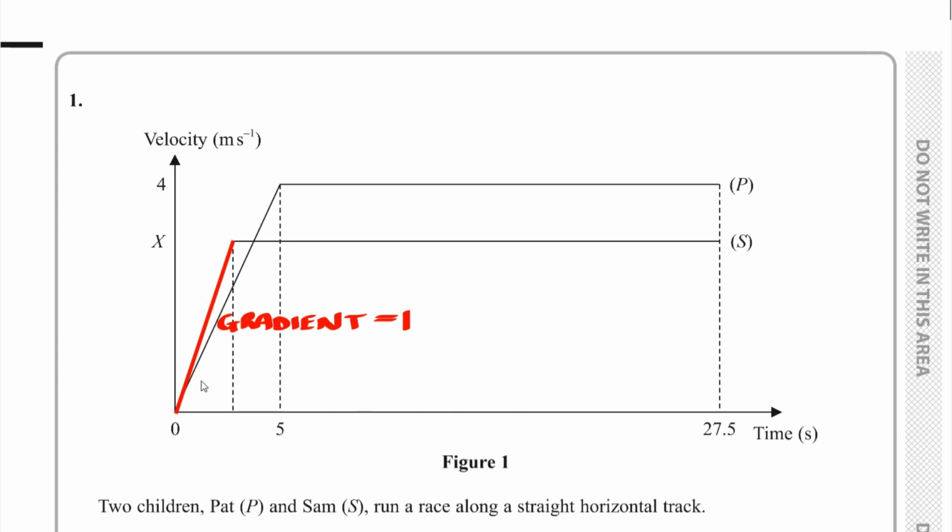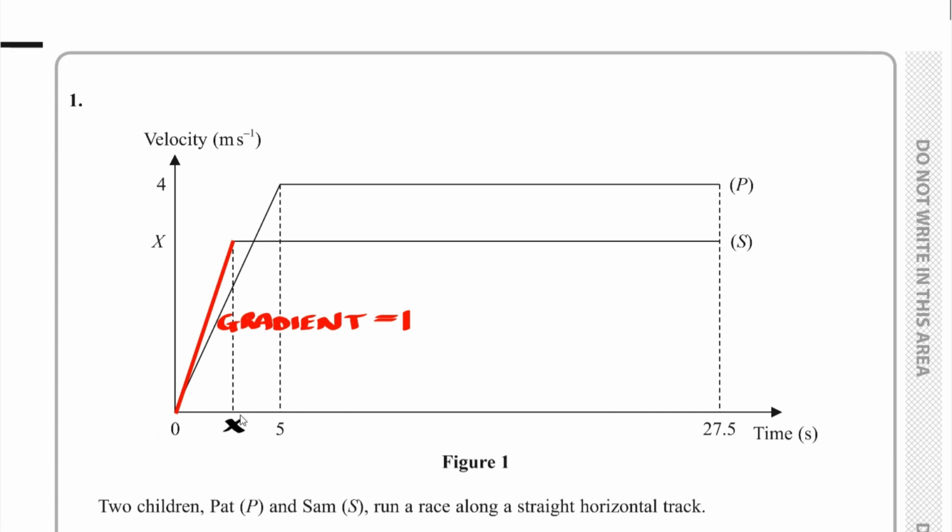So, if the gradient of this line is 1, you can think of the gradient to be change in y over the change in x. So the change in y is the same as the change in x for us to have a gradient of 1, which means we have the value of x here.